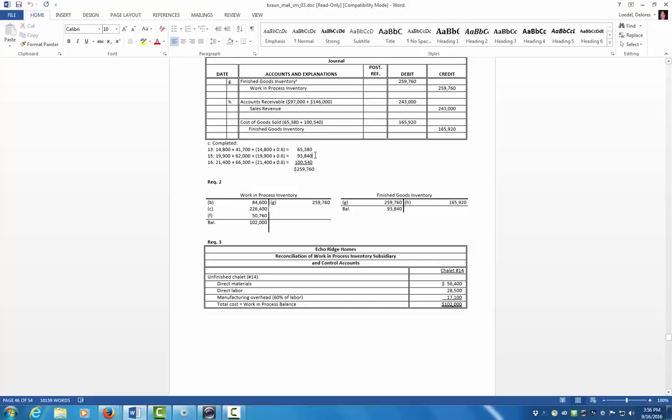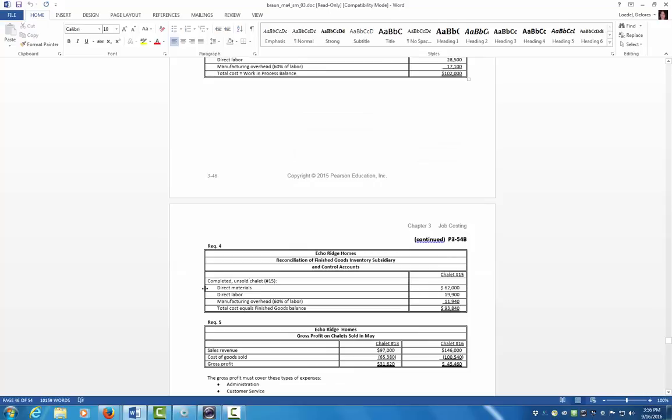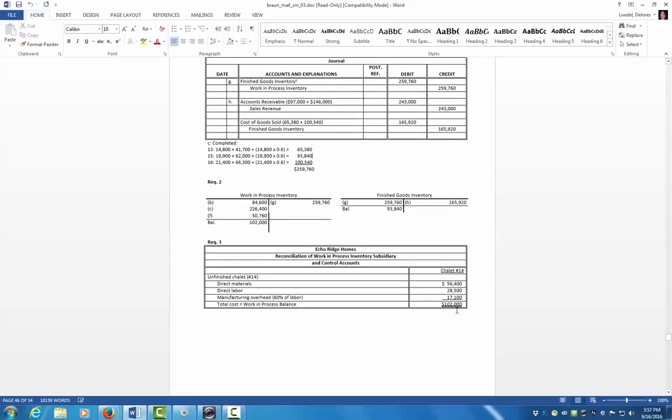If you look at the $93,840, that's what's left in our account. I believe the analysis of that and the breakdown is below, and then we'll come back to the $102,000 here in just a moment. But let's take a look at that. Here's our direct material, direct labor, and manufacturing overhead, $93,840. Yes, that does equal our ending balance.